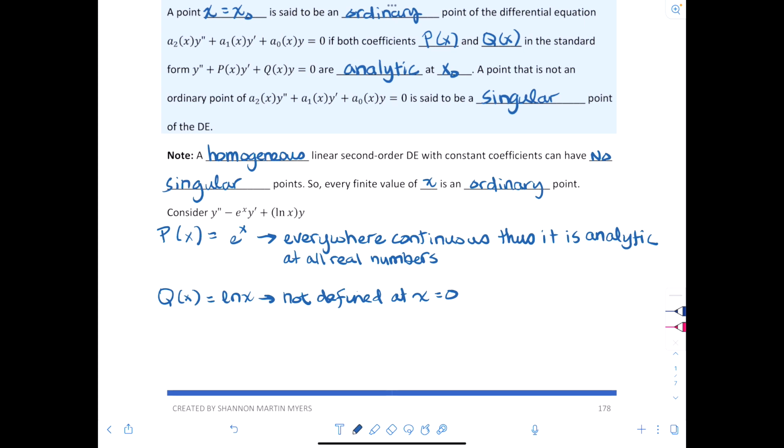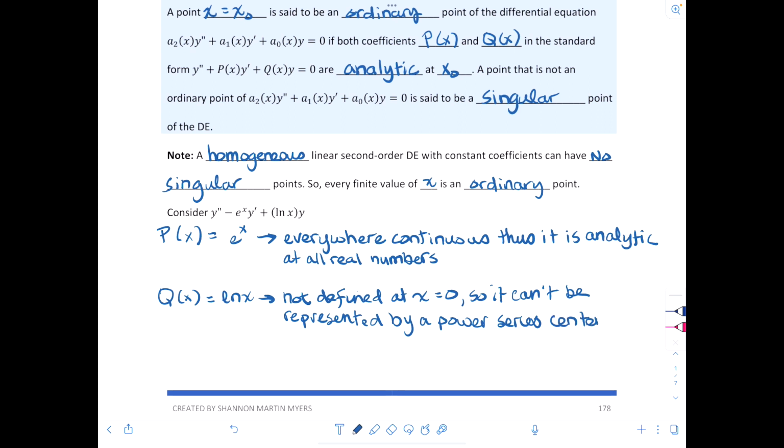So it can't be represented by a power series centered at 0.